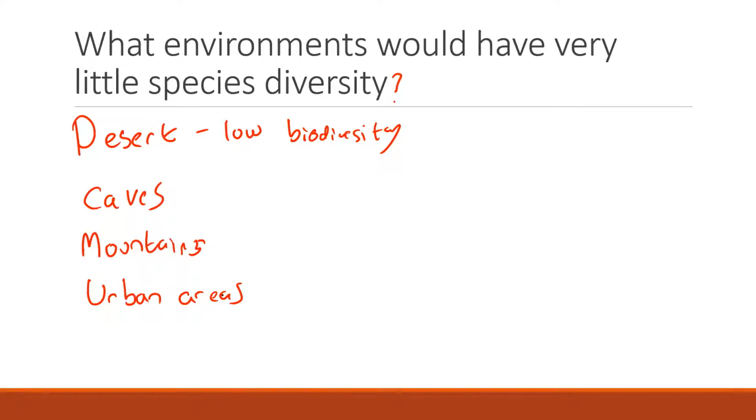The other problem as well is they don't have as many food sources because they rely so heavily on human beings. But the only other one that I thought of was something like the Arctic, and that's where you've got polar bears and penguins, and then that's about it.